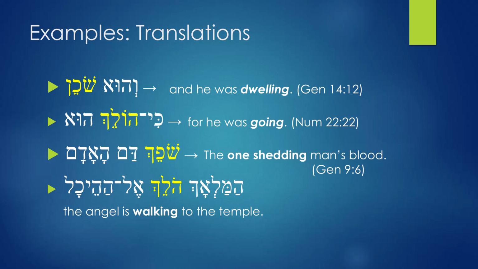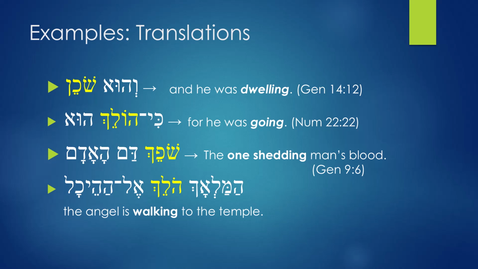Next we have ki holech hu. Again you have the participle here. Holech, that's a participle. Sometimes the participle is going to be pointed with holem wow, which is still an O-class vowel, but most of the time it's going to be holem. So you have holech, and that is an active participle.